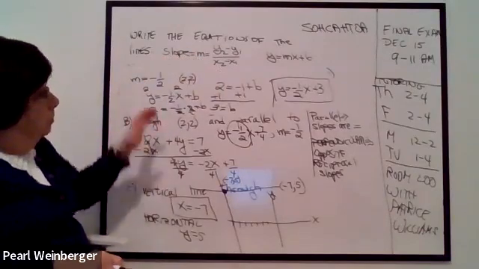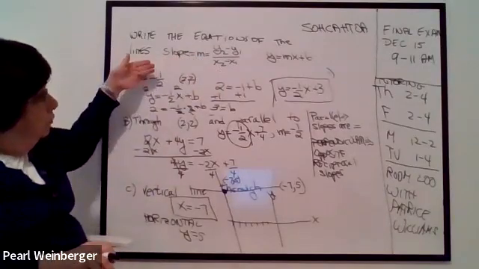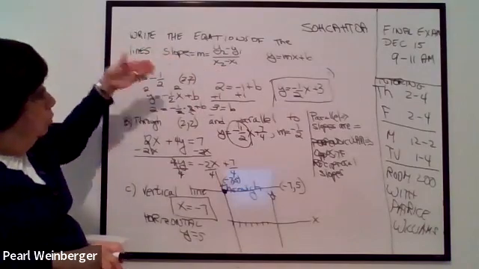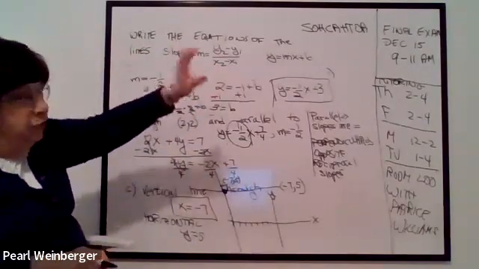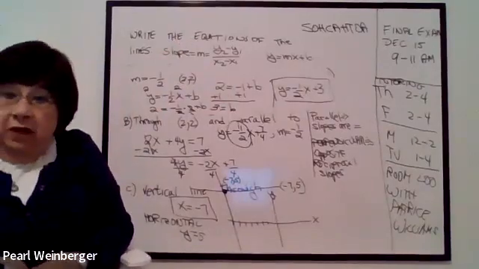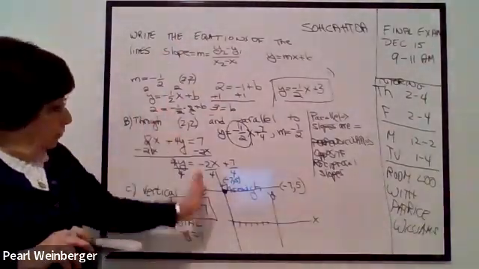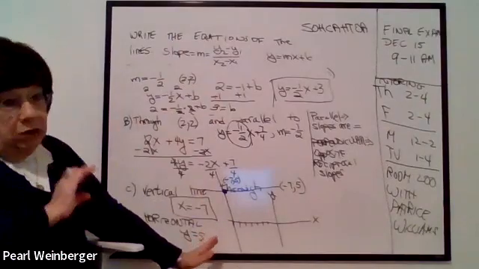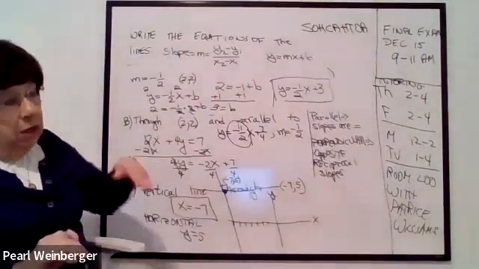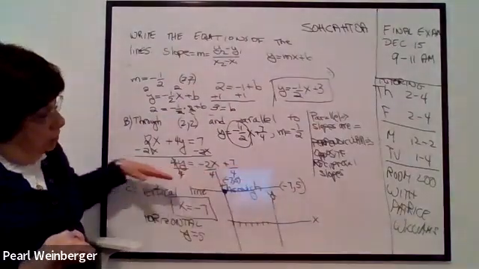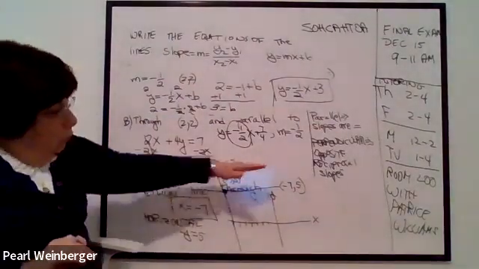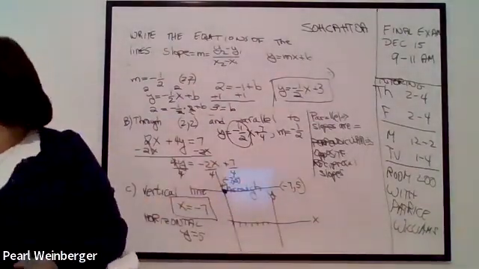And then you fill in the m in y equals mx plus b, and you find the b by putting in the point into the line. Don't forget, vertical lines always have an equation x equals a number, and horizontal lines always have an equation y equals a number.